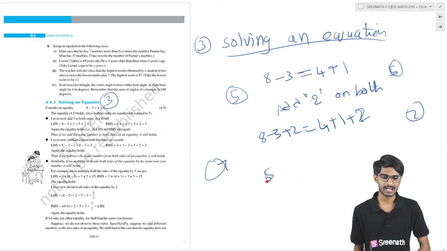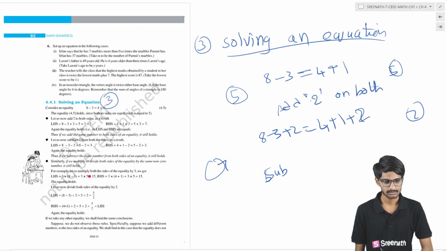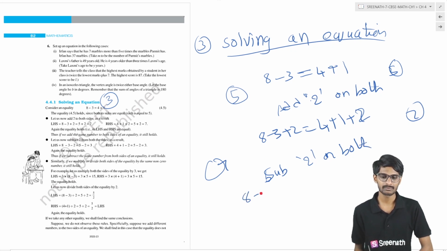Now we are going to subtract 2 on both sides. So 8 minus 3 plus 2 minus 2 is equal to 4 plus 1 plus 2 minus 2.